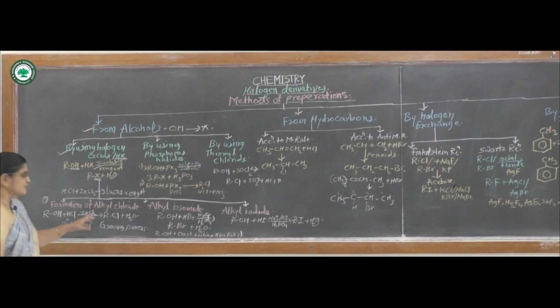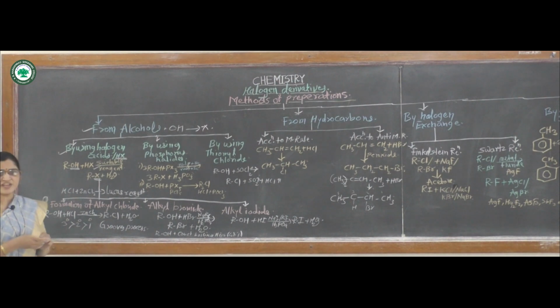By using this Lucas reagent, primary and secondary alcohols give primary alkyl halides and secondary alkyl halides. For primary and secondary alkyl halides, HCl plus zinc chloride, that is Lucas reagent, is required.